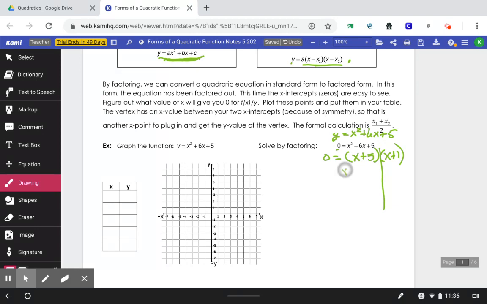I would subtract 5 from both sides, and I know that one of my roots is going to be negative 5. And then I'm going to subtract 1 from both sides, and I know my second root is negative 1. So these right here are my zeros, my roots, or they may also be referred to as the x-intercepts.